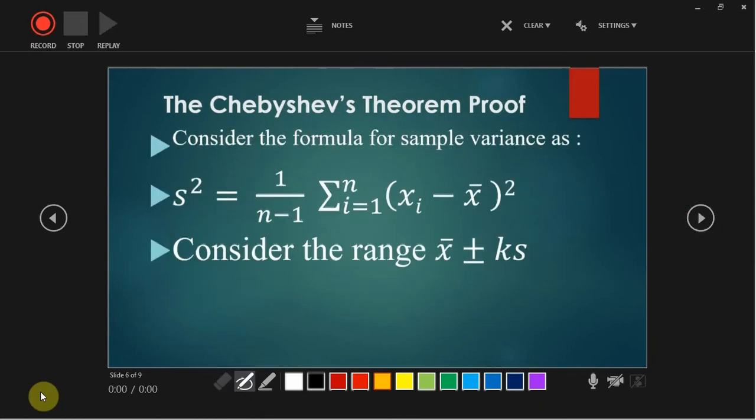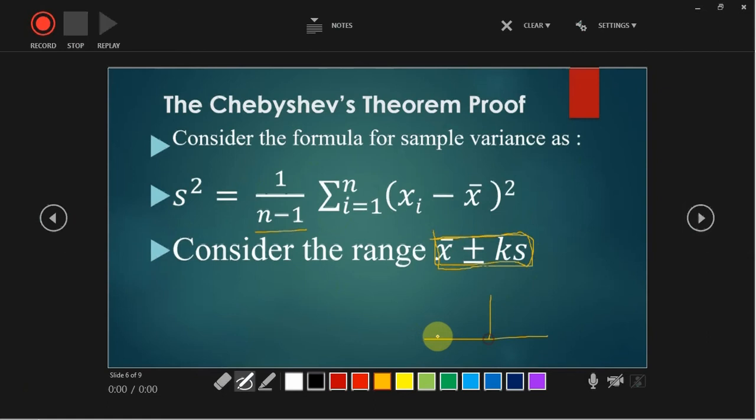To provide a proof of this Chebyshev's theorem, we consider the formula for sample variance as s squared equals 1 over n minus 1 summation of (xi minus x bar) whole squared. And we consider a range mean plus minus k standard deviations.